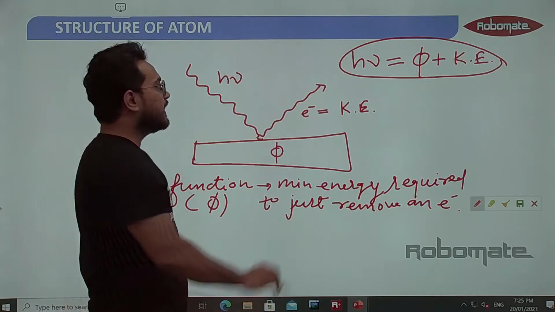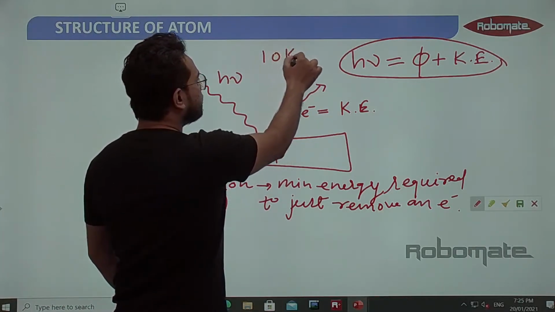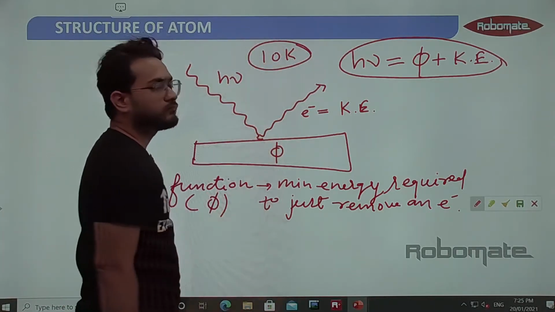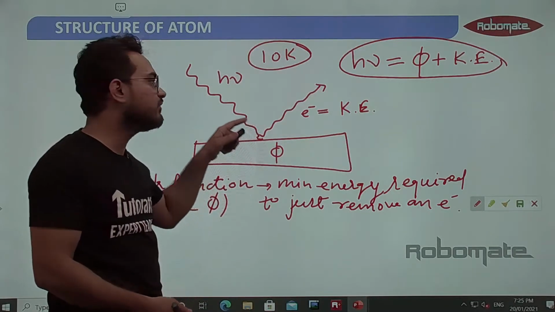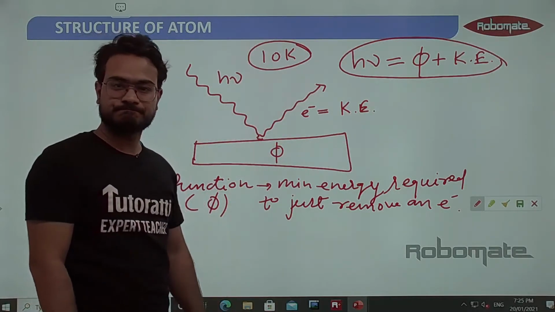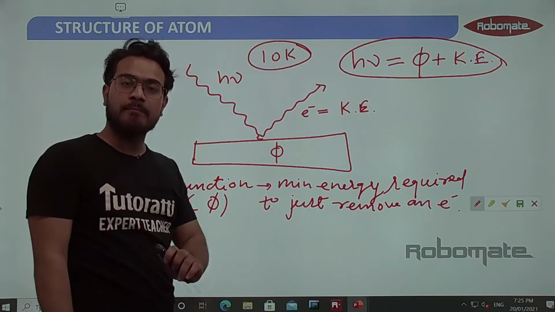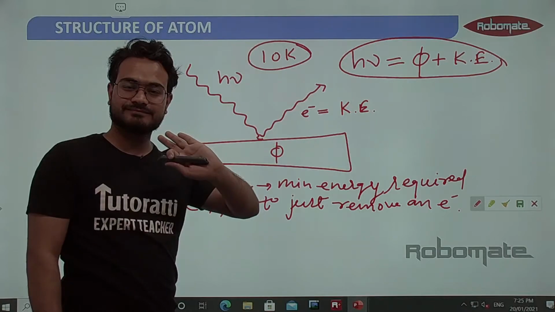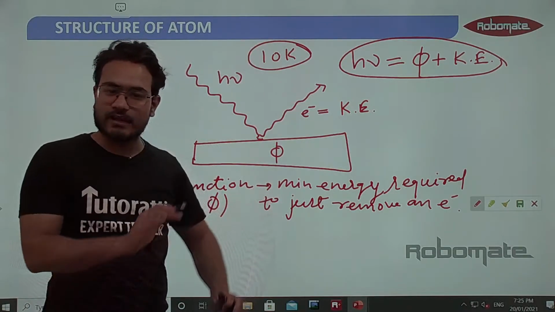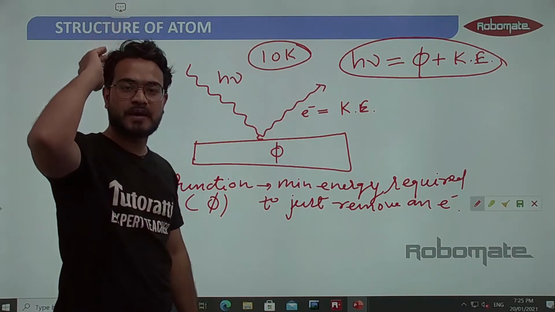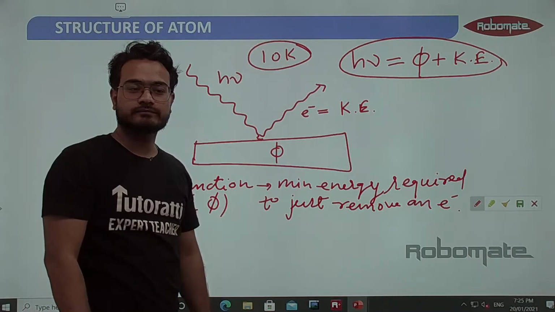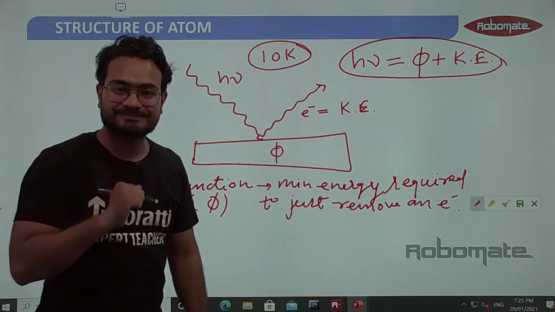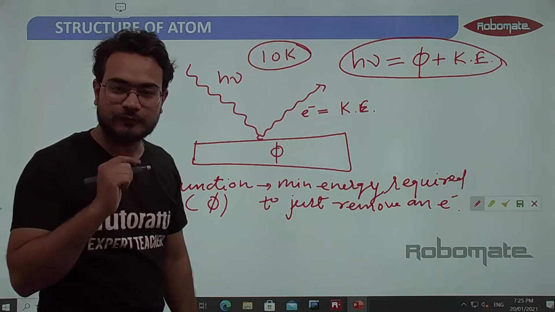Tell me, if the electron needed 10,000 rupees, what will happen if I give 9,000 rupees to electron? Will anything happen? Will the moneylender let him go, saying your 1,000 rupees are forgiven?